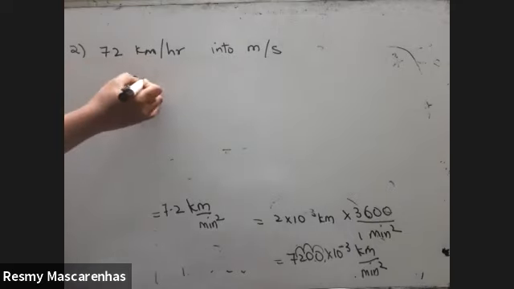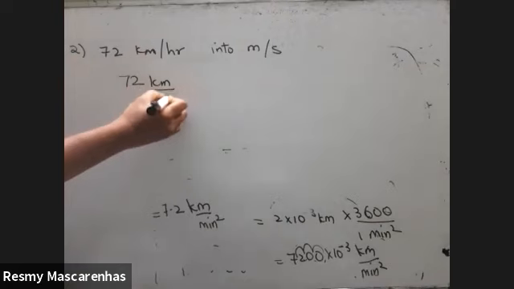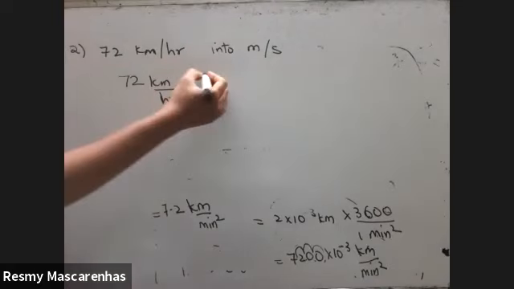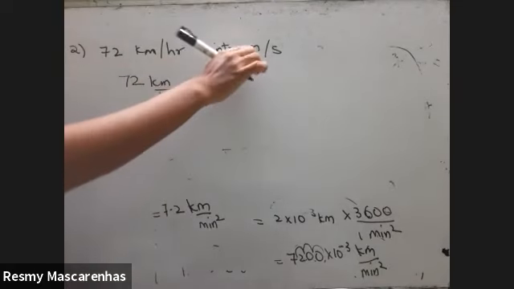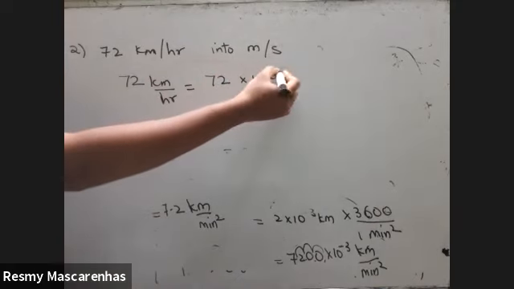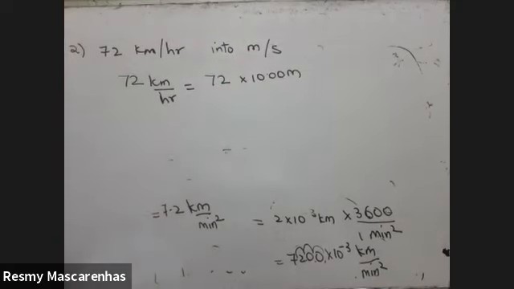Simple. 72 kilometers per hour. Kilometers, I want in terms of meters. 72 anyways will remain at the side. Kilometers, okay, and 1 kilometer is 1000.